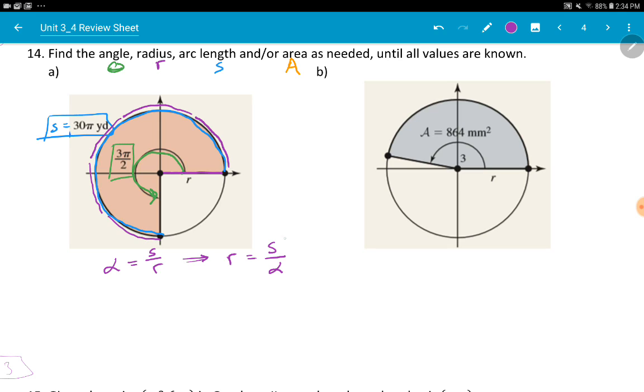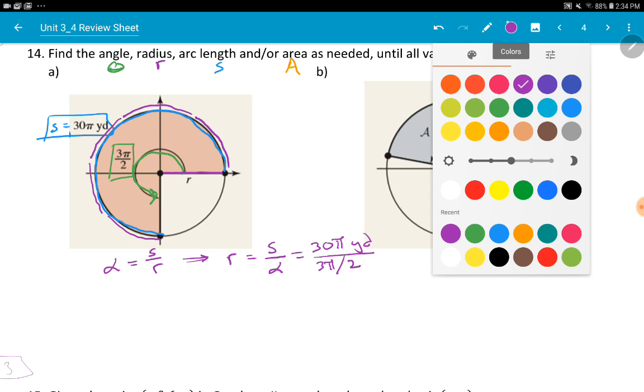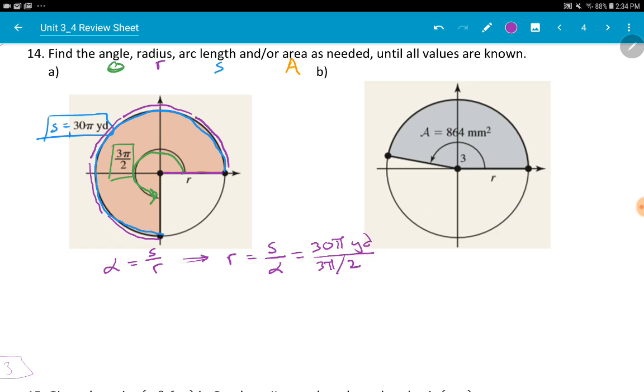So I'm using r equals s over alpha, which is 30 pi yards divided by 3 pi over 2. So those 3's are going to simplify. I'm going to write it out as fractions. Divided by 3 pi over 2 is the same as 30 pi over 1 times 2 over 3 pi.